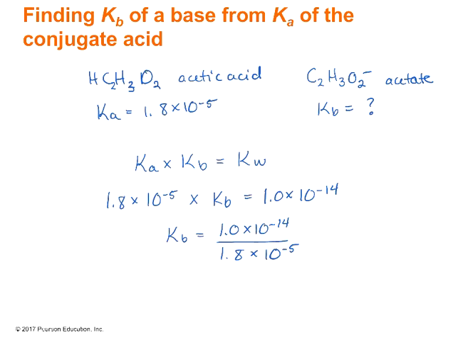So if you want to plug that into your calculator and solve for Kb, you can. You should get a value of 5.6 times 10 to the negative 10th. So that is the Kb value for acetate.